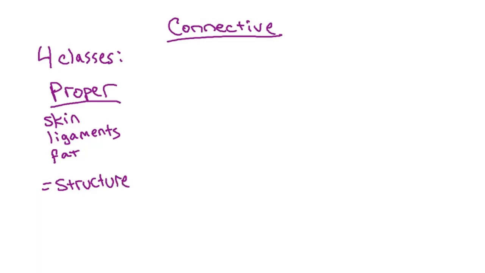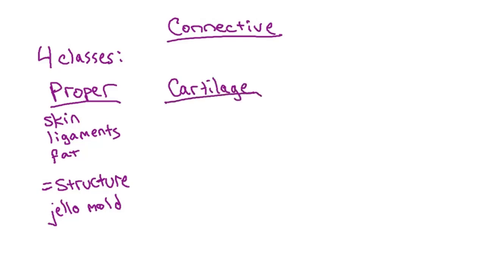When you say something's proper, it's pretty much the term for when you normally think about connective tissue, this is what you think about. So you think about the structure, like the Jello mold. That would be connective tissue proper. Another class is cartilage.